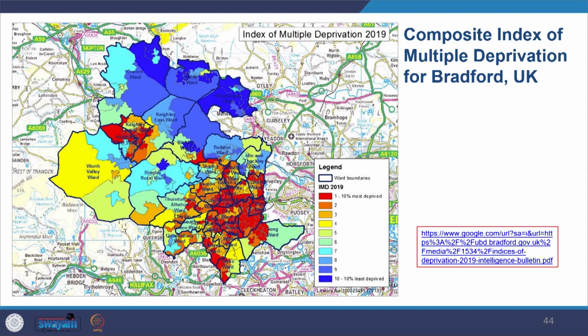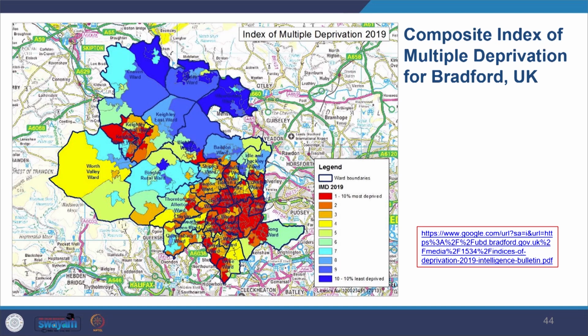Here is an example of the composite Index of Multiple Deprivation at Lower Layer Super Output Area, LSOA, level for Bradford in the UK. When we read the legend, number 1 is the most deprived and number 10 is the least deprived. The most deprived areas are in darker colors and the least deprived in lighter shades, and you can see how the deprived areas appear on this particular map.